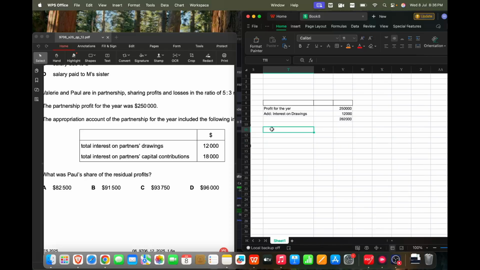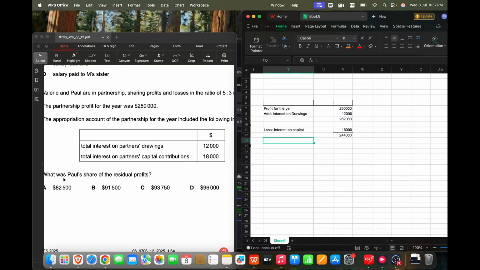So the first thing that we subtract out here is less interest on capital. Interest on capital, total 18,000, was subtracted. In the normal case, we would calculate how much is for each partner, but here the total amount is already given to us, so we'll just write that amount. After this is the available amount, the amount that is available for us to give to the partners as residual profit.